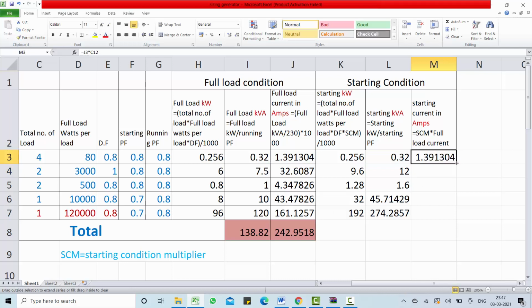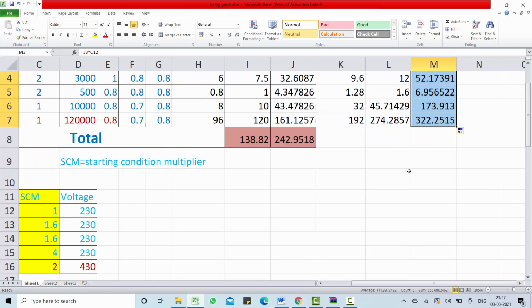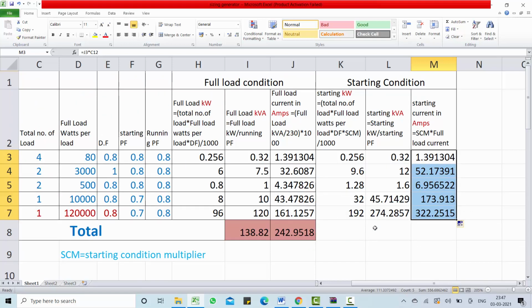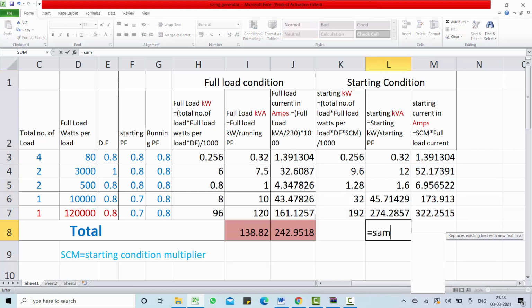Similarly, calculate it for the rest of the cases. So I found the starting condition kilowatt, kVA and amperes. Let me consolidate the total starting kVA value and also the total starting current.